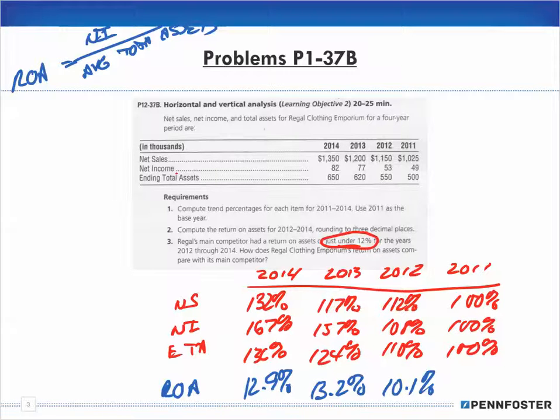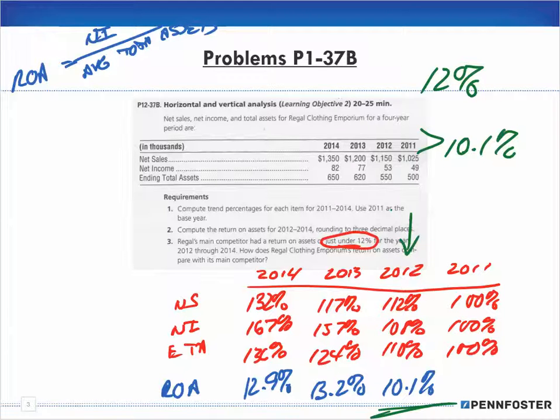You're analyzing the information, and it allows you to compare it with something else. If the competitor had 12%, well, in the year 2012, Regal underperformed. It was 10.1%, so Regal would be less than the 12%.